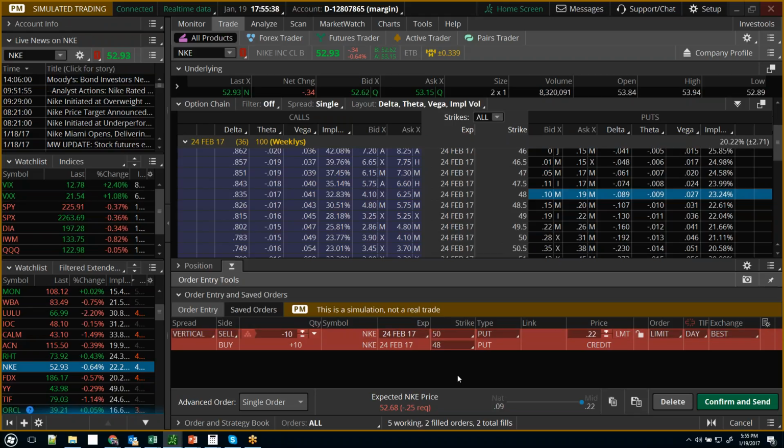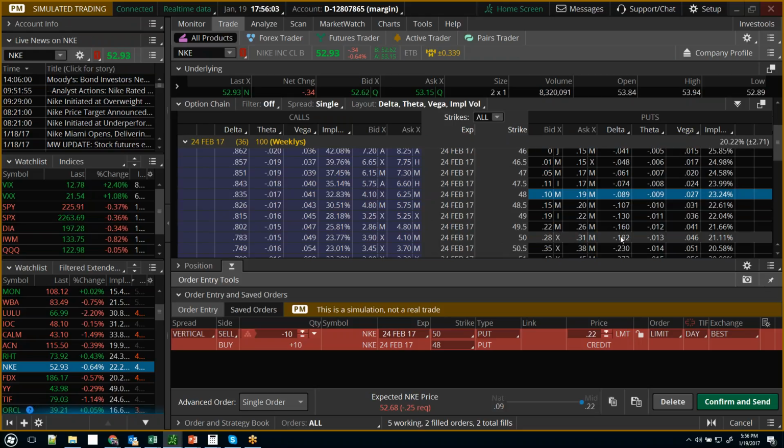Now, there's a couple other things that you should know about this trade. This right here is designed to be a bullish trade. If I took a look at my deltas, just like we did the other night, I've got 19 cents on a short option, or negative 19.2 on a short option. That's helping me. And I have a delta of 8.9 on a long option, or negative 8.9 cents on a long option, hurting me.